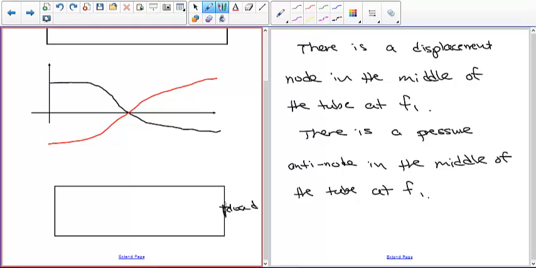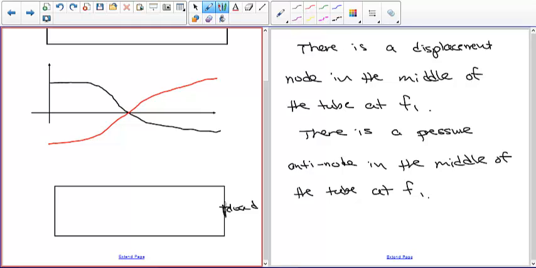So this is going to be a displacement node because it's a solid surface, but these molecules are going to be moving back and forth, so it'll be a pressure antinode, but a displacement node.